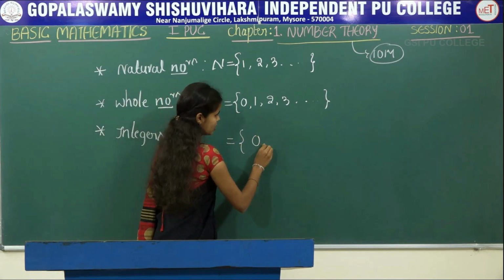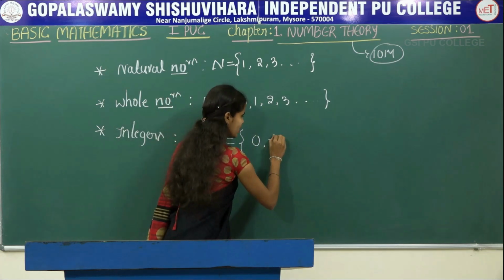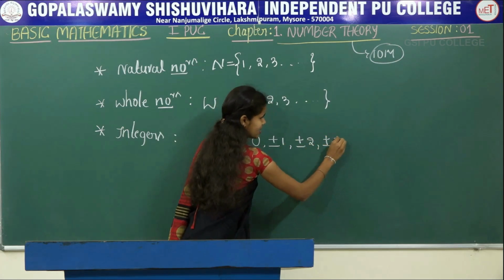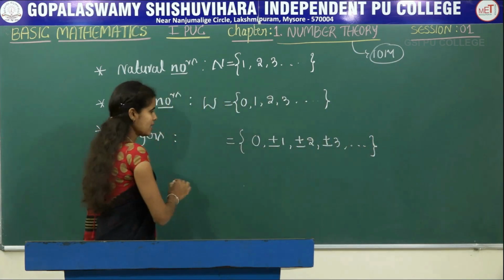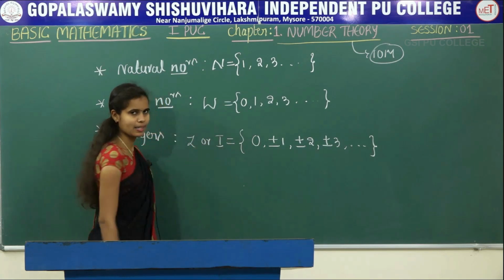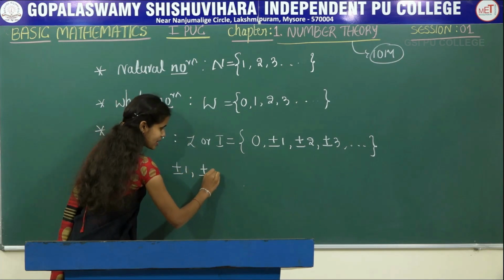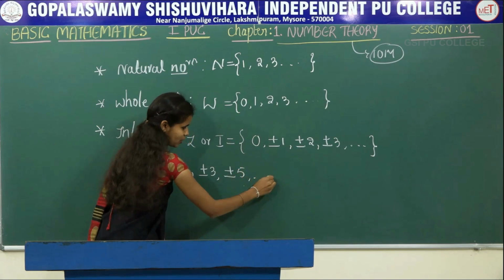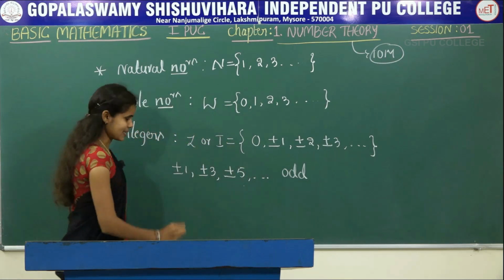Zero, positive numbers, including negative numbers, so plus or minus 1, plus or minus 2, plus or minus 3, etc. This set is denoted by Z. So plus or minus 1, plus or minus 3, plus or minus 5, etc. are called odd integers.